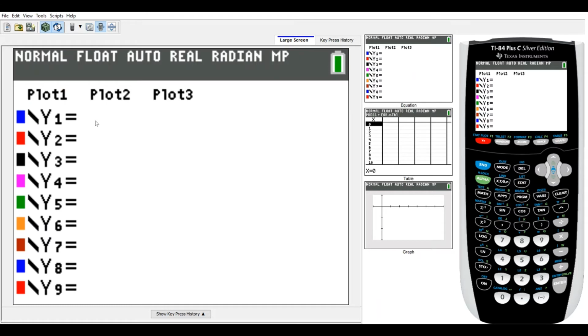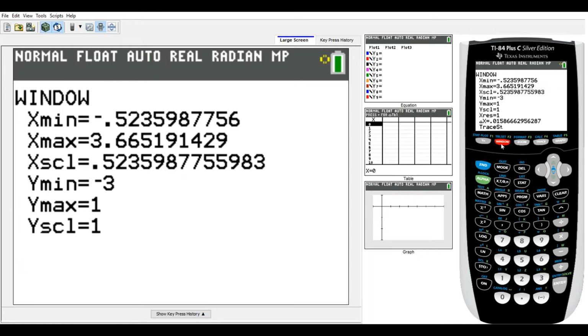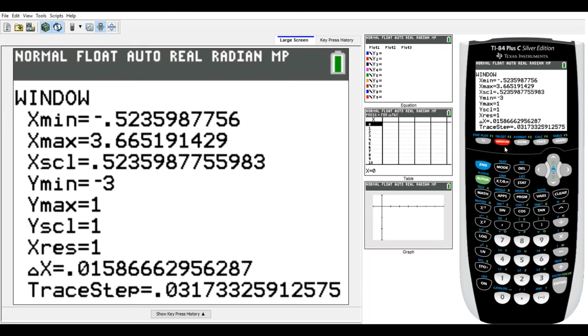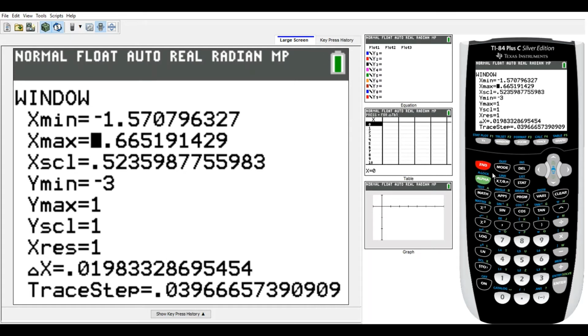All right, before we enter both of our equations into the y equals, let's adjust the window. The only reason I'm doing that is my graph will pop up before I actually hit graph. So I'm going to hit window here. And let's adjust this so that we have the exact same window that we used when we sketched this by hand. So we went from minus pi over 2 to pi over 2.